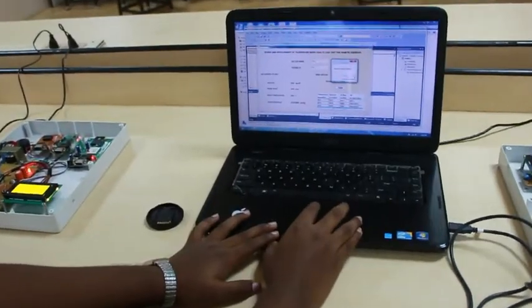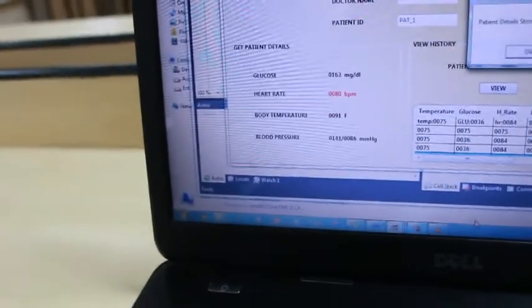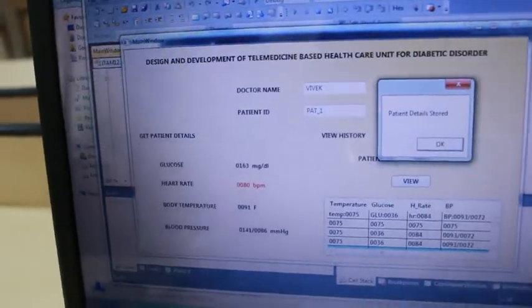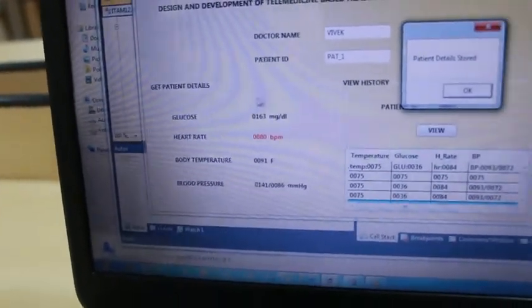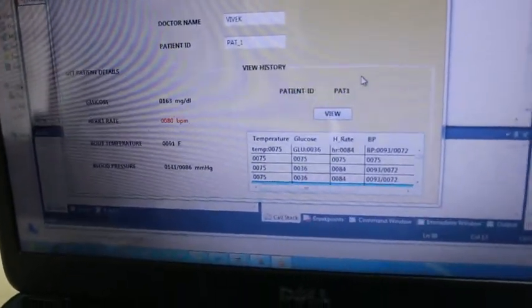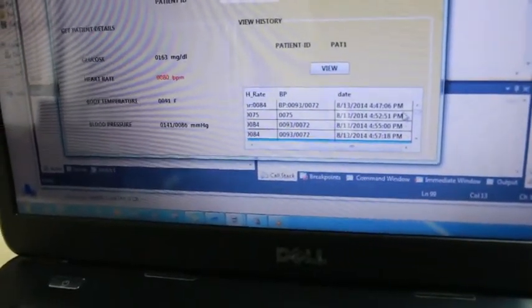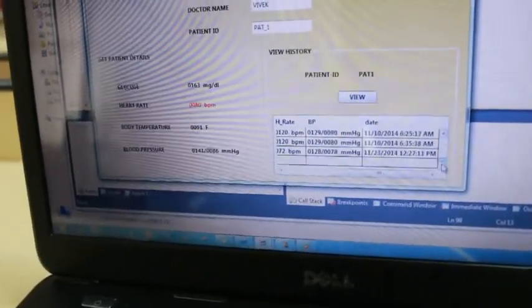The data received in the PC is presented using .NET. The advantage of using .NET is interfacing with SQL Server, which is used to create the patient's database. The doctor can investigate the patient's status and can modify medication for better healthcare management.